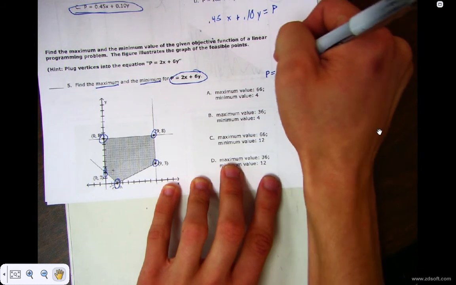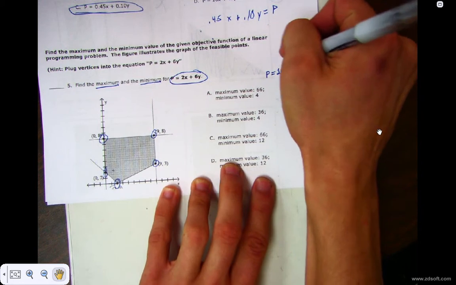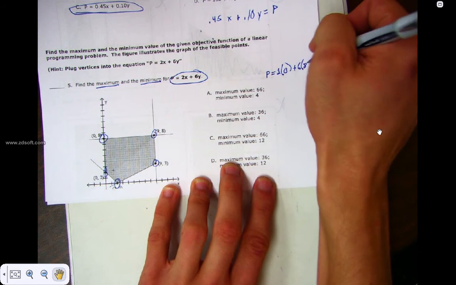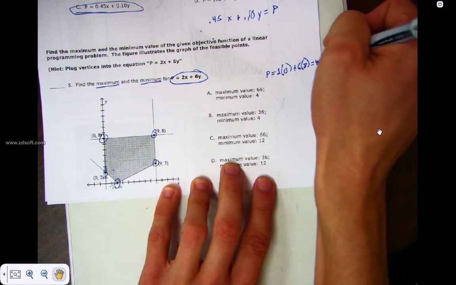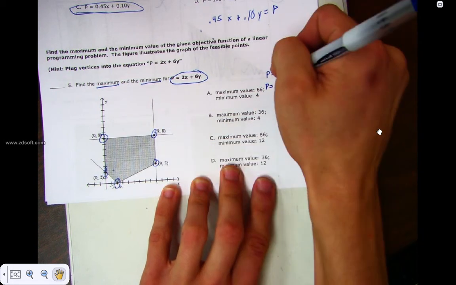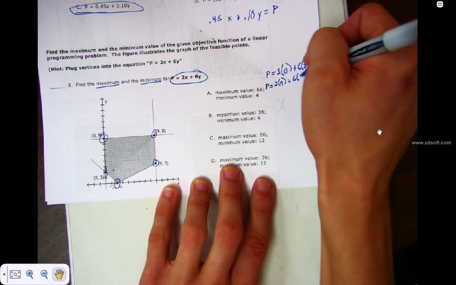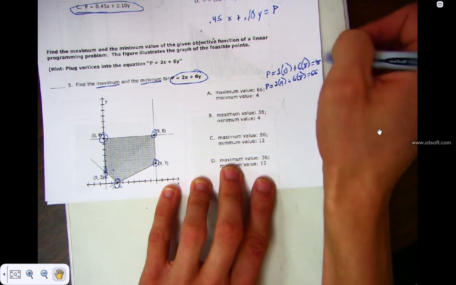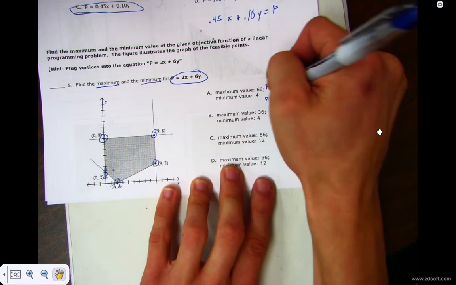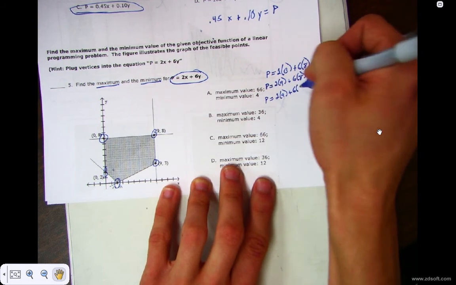P equals 2, but instead of writing X, I'm going to start writing these coordinates. So I've got 0 plus 6 times 8. That's going to equal 48. I've got P equals 2 times 9 plus 6 times 8. That's going to equal 66. I have P equals, let's do this one, 2 times 9 plus 6 times 3.